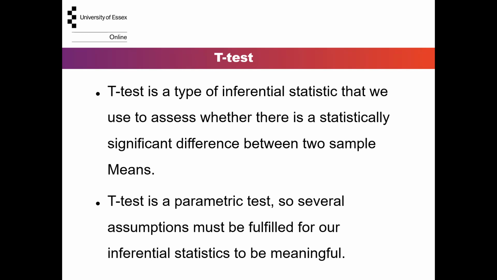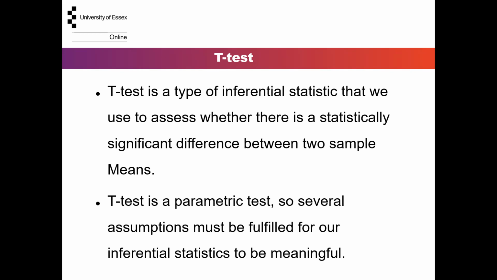And what we can do then is make more general assumptions and say that drug A is an effective drug treatment for depression compared to drug B. So you see, we use our test on our sample to check differences between two means, and then we can make generalizations. And we can do that because the t-test is a parametric test.